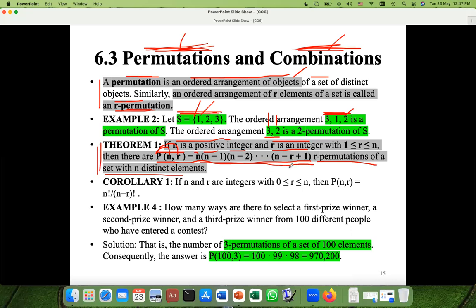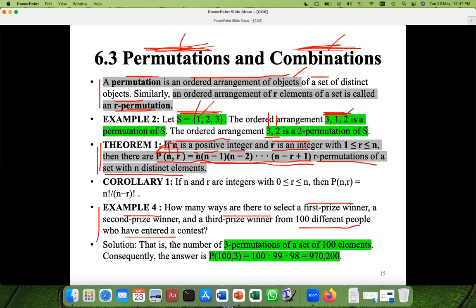Now you have the understanding of this equation. Now we will apply this equation to calculate different things. For example, we have an example here. It is asking how many different ways there are to select the first prize winner, second prize winner, and third prize winner from 100 different people who have entered a contest.